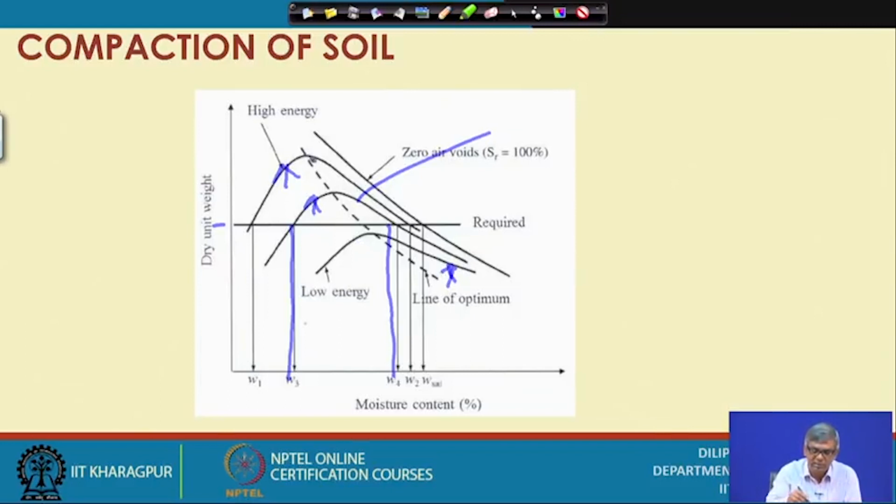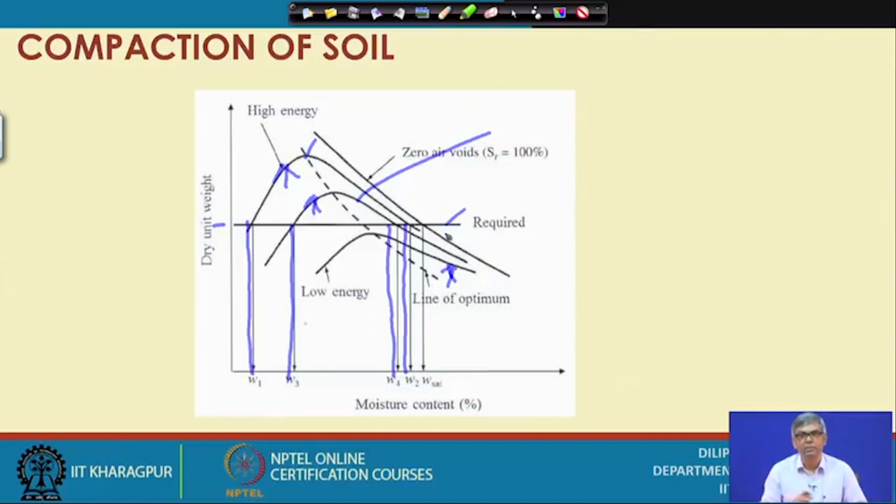Similarly, if you use this energy level, then you have a wide range of moisture content from here to here, and between this much water, any amount you add and compact, you will get a dry density greater than or equal to your required dry density.